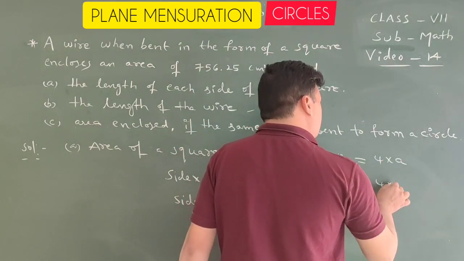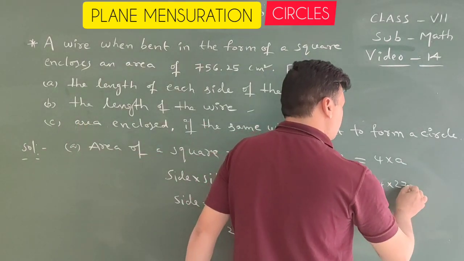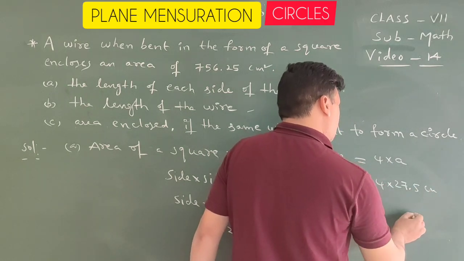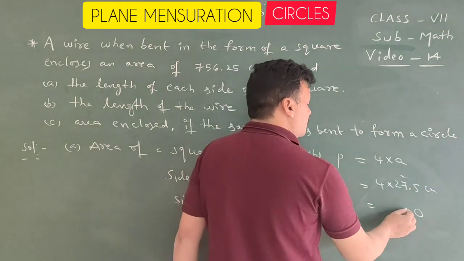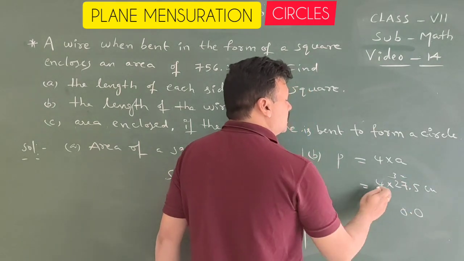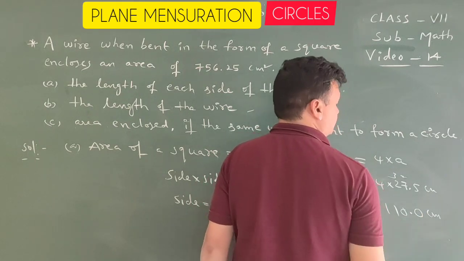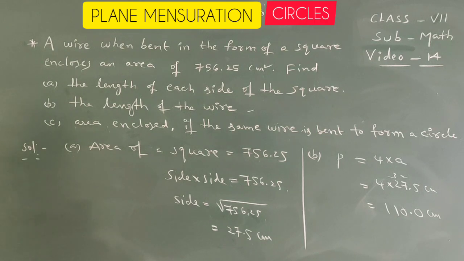Now 4 into side, 27.5. 5 4s are 20, 28 plus 2 is 30, 8 plus 3 is 11. Perimeter is 110 centimeters. That is the perimeter.